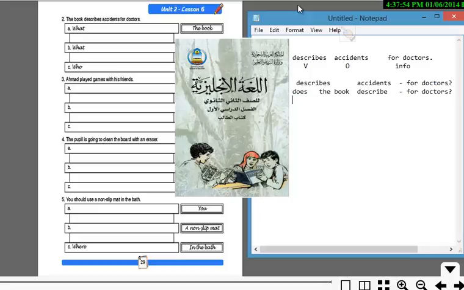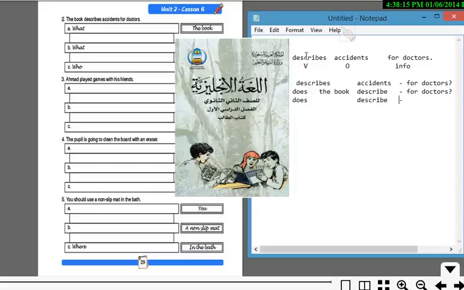Now, who does, I need something here, and then I'm going to say describe. Alright, and I need to ask about the information, so I'm not going to write for doctors here because this is the missing part, right? So I'm going to say who does something describe for something.